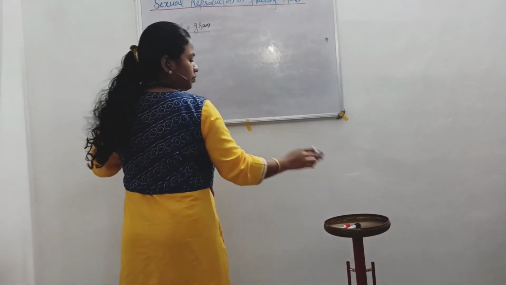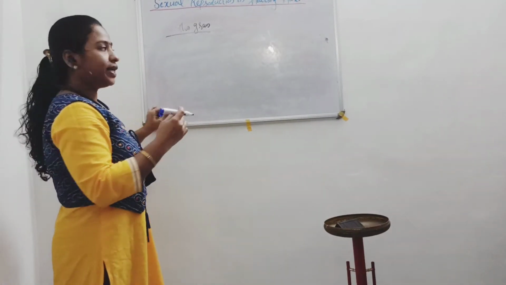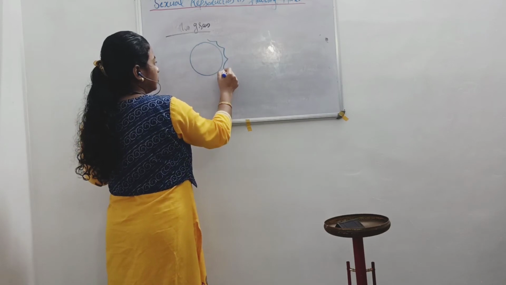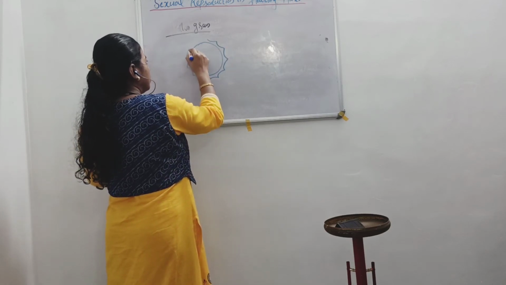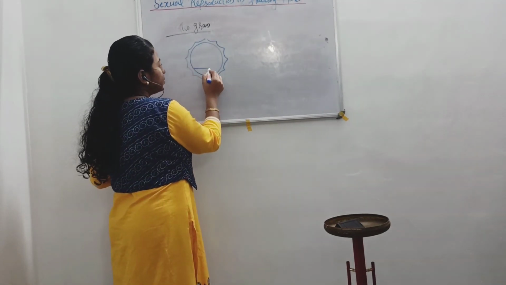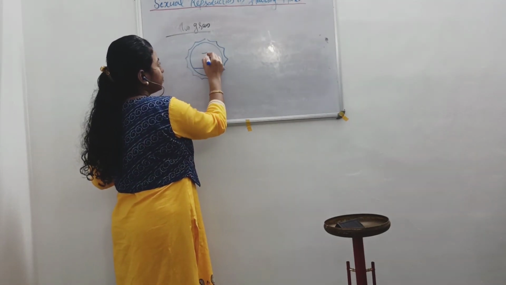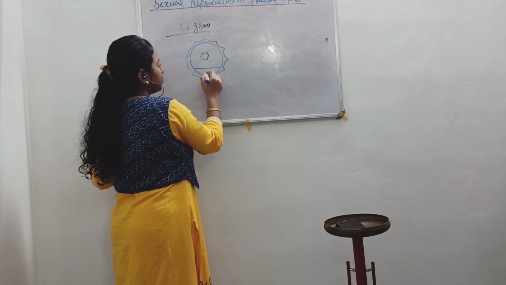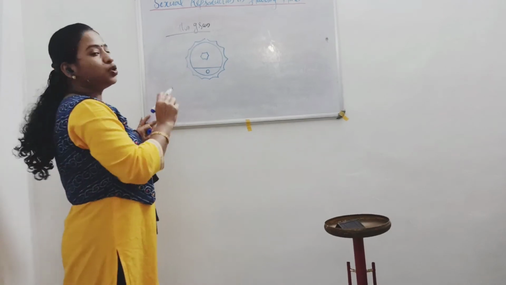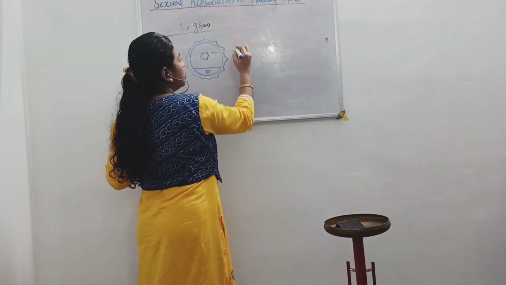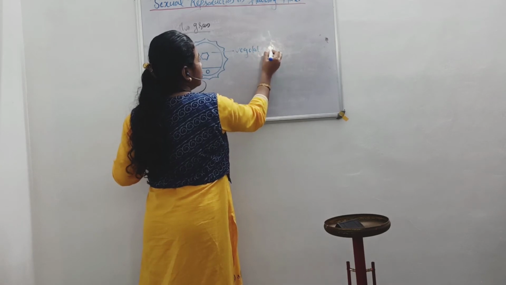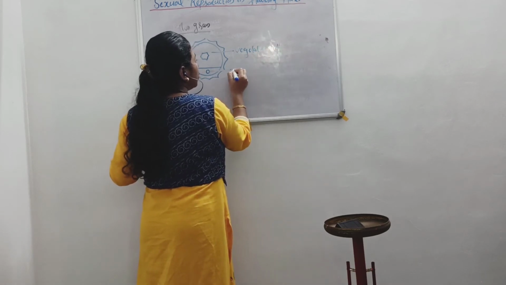When the pollen grain develops, it becomes a two-cell stage. The upper cell is called the vegetative cell and the lower cell is called the generative cell.